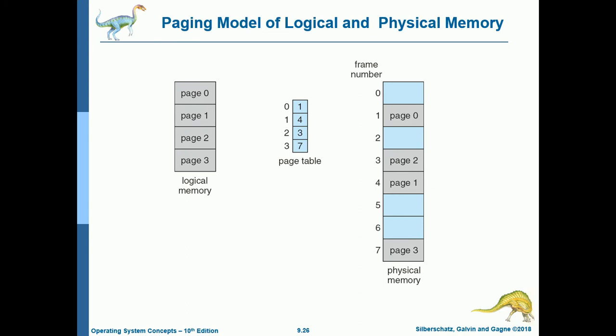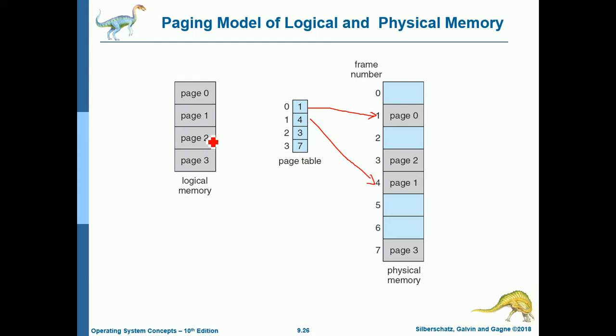Okay, next is the paging model of logical and physical memory. We have logical memory: page 0, page 1, page 2, and page 3. And then we have a corresponding page table. Page 0 will be situated in physical memory frame number 1, because in the page table it is indicated here. Page 1 will be located in frame number 4 of the physical memory.